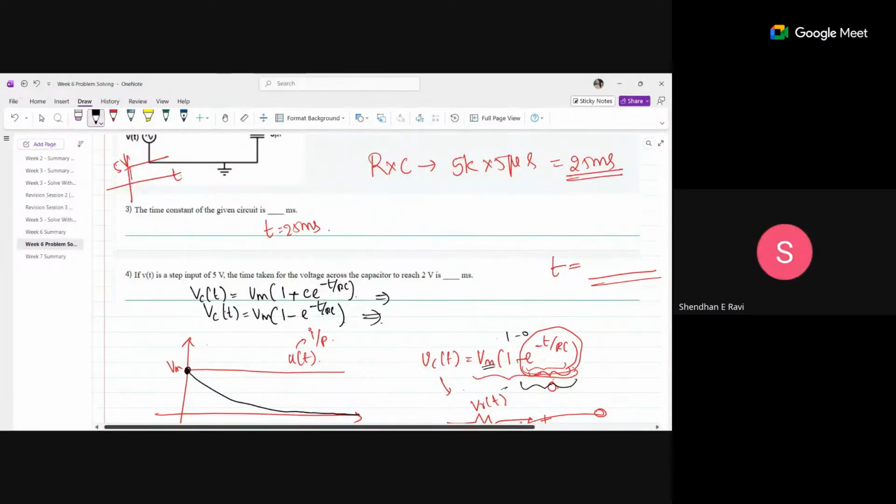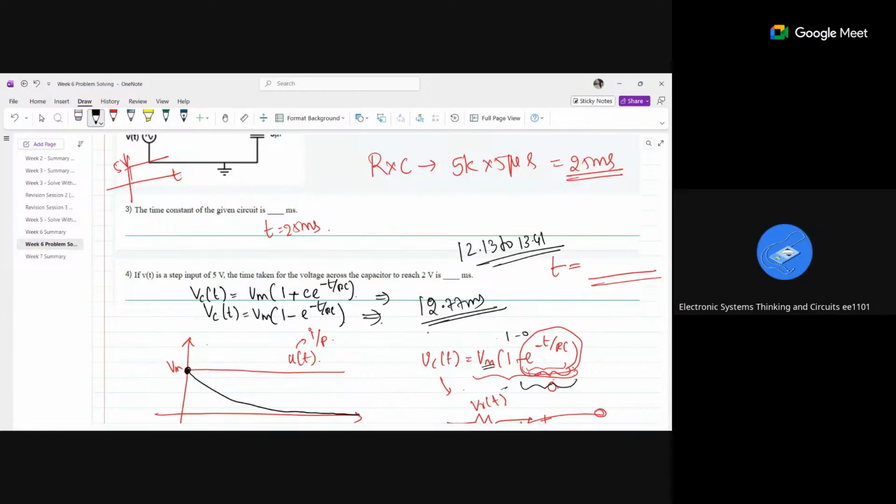No, minus 0.5. Yeah, it's around 12.77 milliseconds. 12.77 millisecond is right. So basically, you'll get an answer between 12.13 and 13.41. Right? Yes, ma'am.